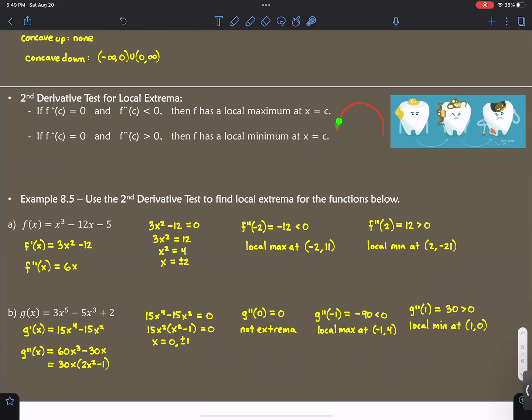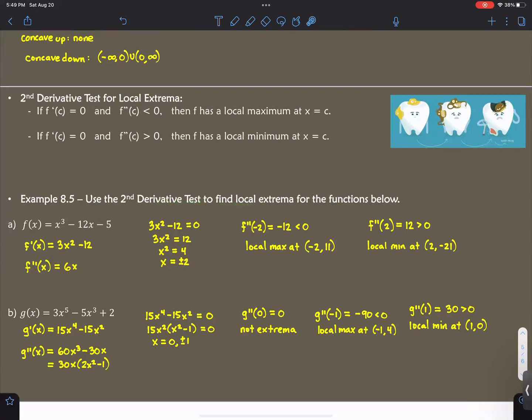You're drawing the top of a hill, right? So that's your max. And then, flip it around. We're talking about right down here. If f prime is 0 and you're concave up, it's going to be a minimum.